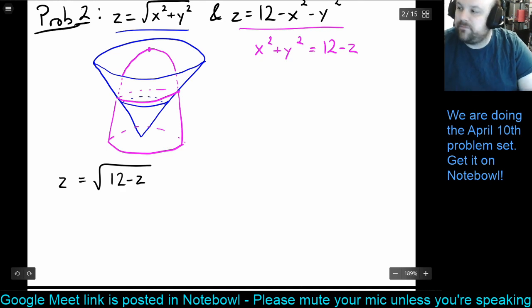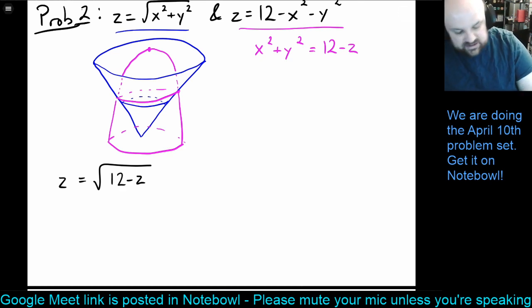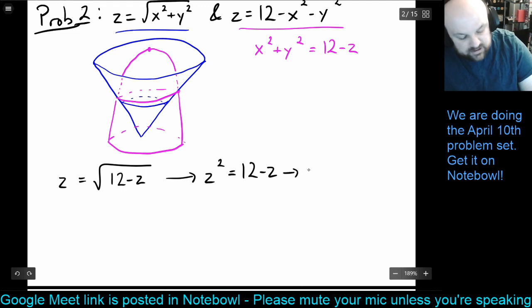Okay. And now we can square both sides. So z squared is 12 minus z. Let me do this on the next line. Move this stuff over: z squared plus z minus 12.